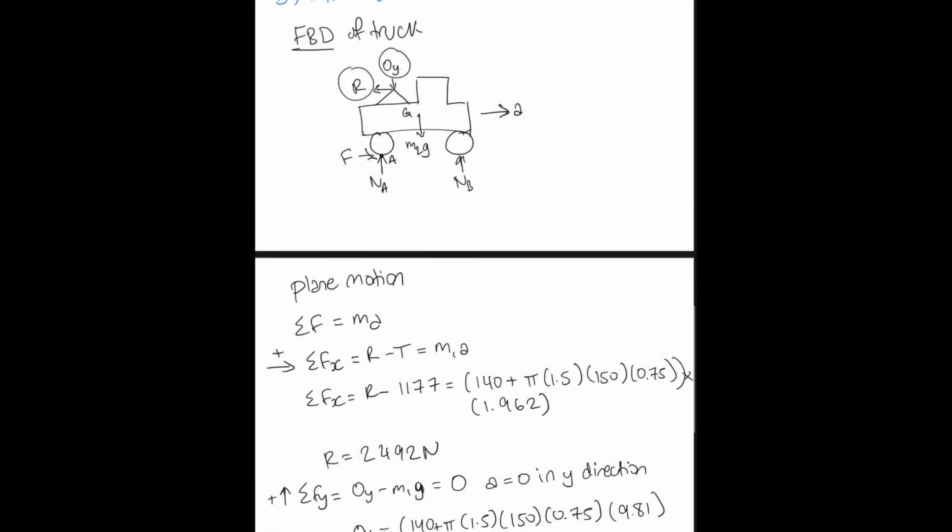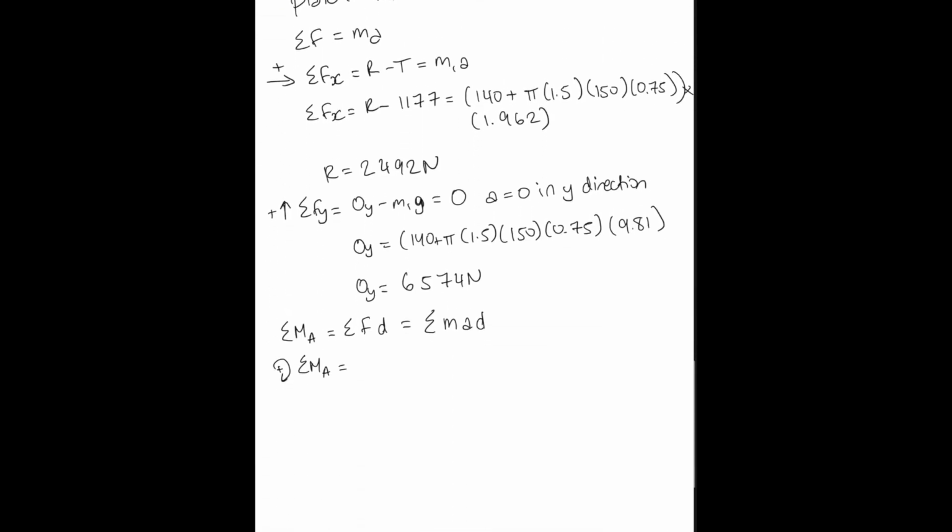So let's take the clockwise direction to be positive. Sum of moments around A is going to be equal to OY multiplied by 0.75 plus M2G multiplied by 1.8.